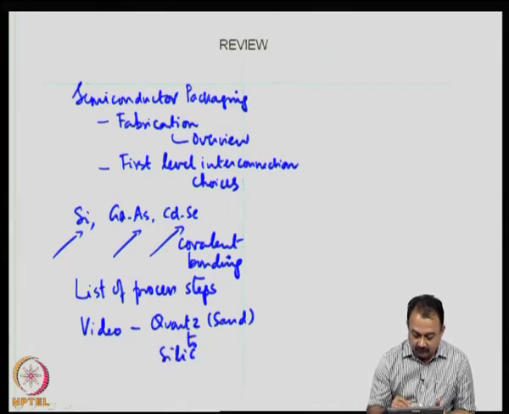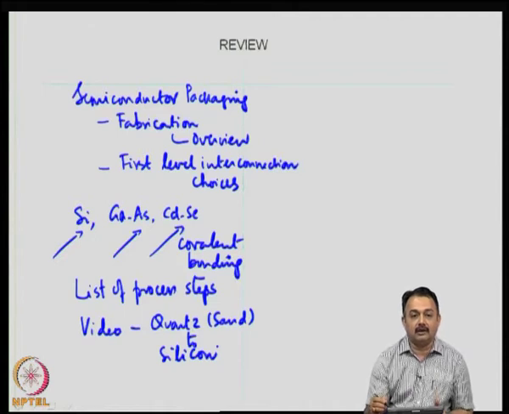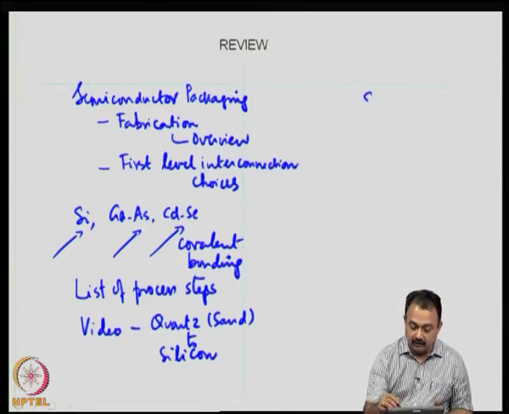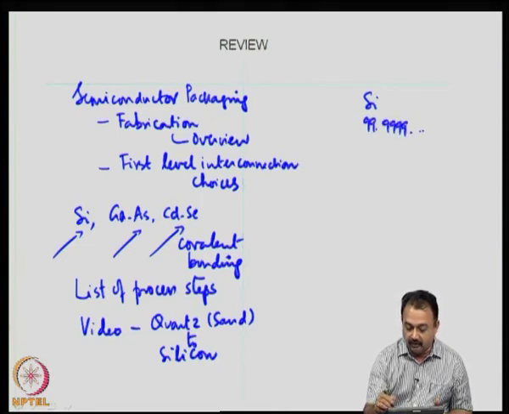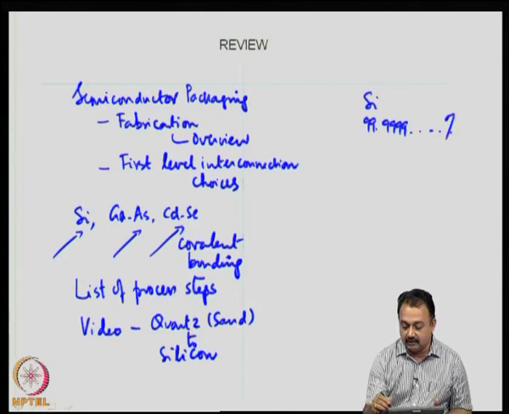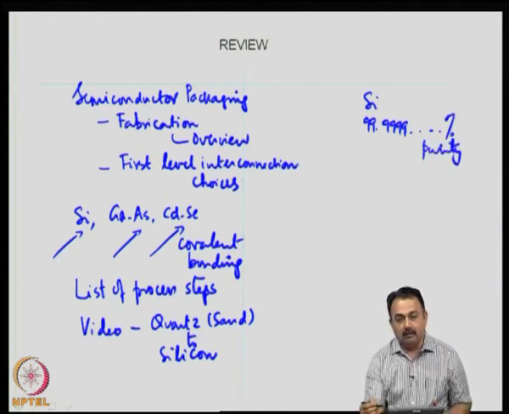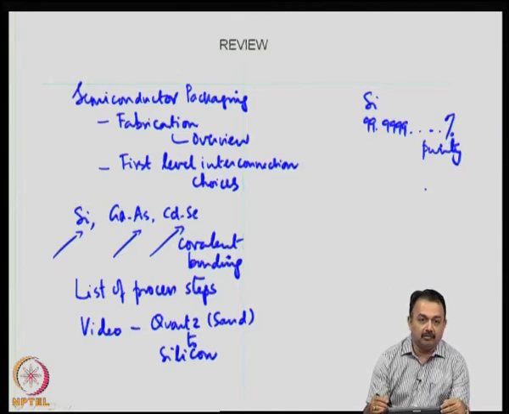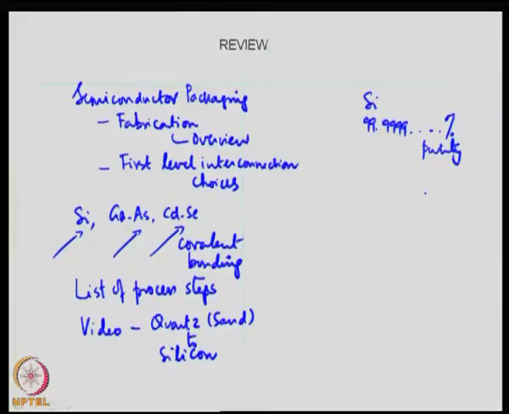Now, here we are talking about silicon that is electronic grade purity, and we are talking about 99.999 up to 11 nines percentage of purity. And we also talked briefly about the environment in the manufacturing setup, especially with regard to clean room facilities.